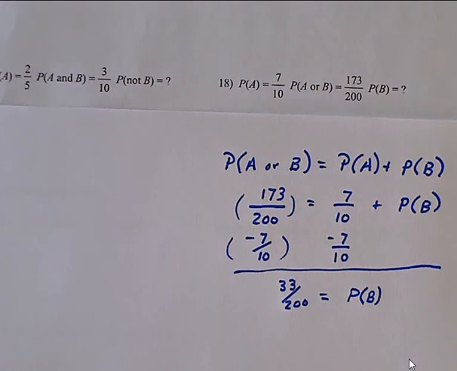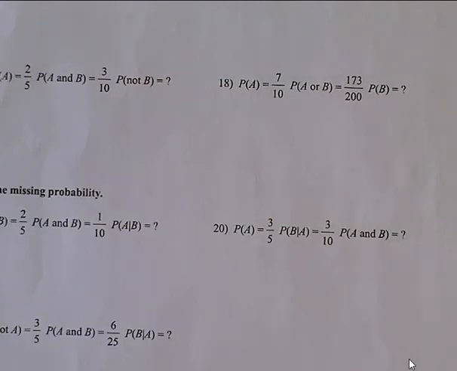Moving down the page, 19 through 22. You have a conditional probability on 19. Just fill into the formula. 20 is an and. 21 is conditional. 22 is, you have a couple things there.